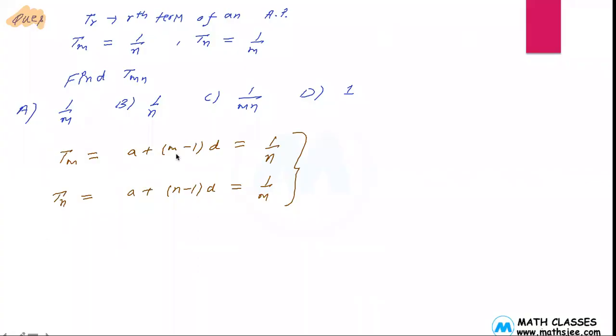You can subtract. So this is one equation, this is the second one, first and second. When you subtract, a and a will get cancelled out. Let us write down m minus 1 into d minus n minus 1 into d equals 1 by n minus 1 by m, right?